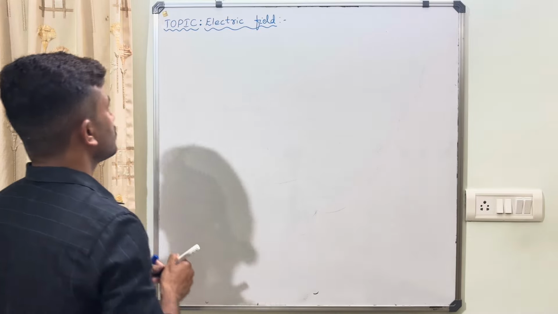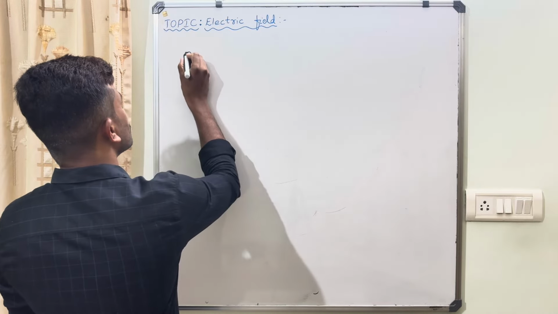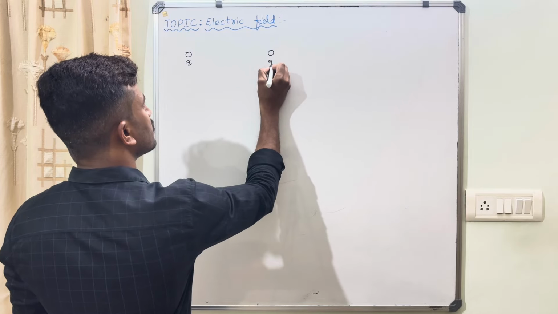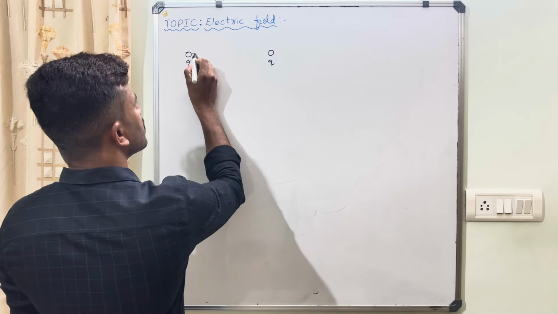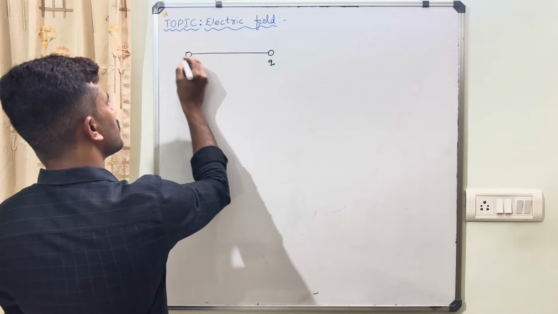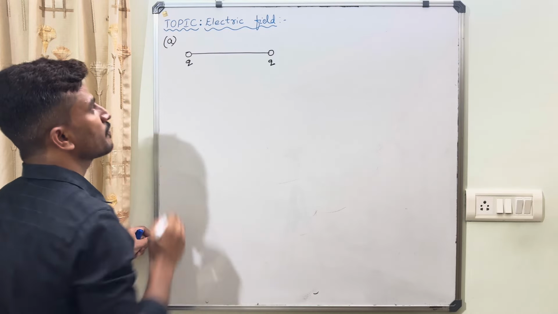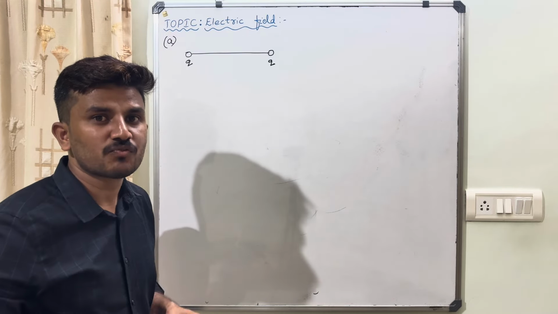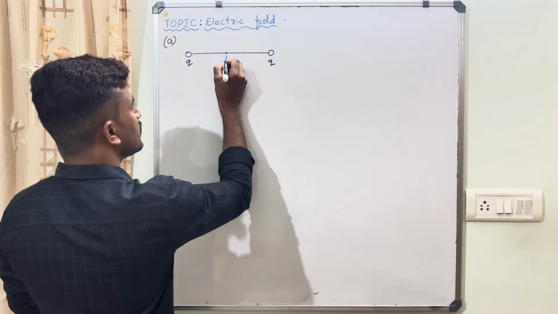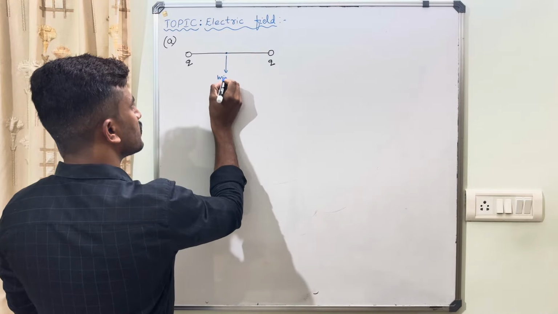Now let's consider there are two charges, Q and Q. They are separated by some distance r, so the magnitude is the same. This is the first case: find the electric field at the midpoint.